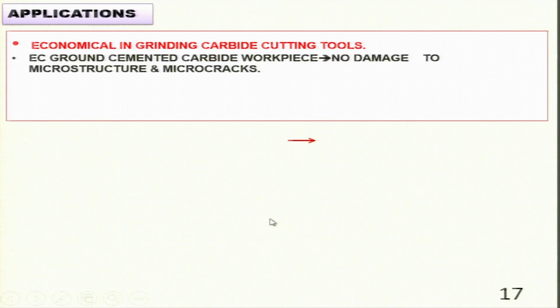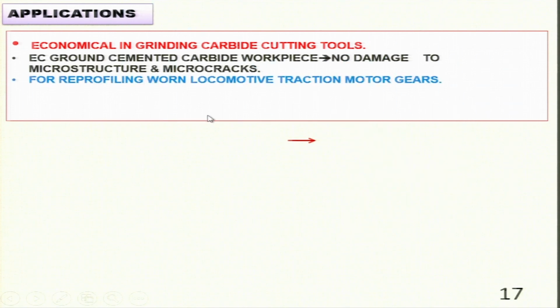Applications: economical in grinding carbide cutting tools, because carbide cutting tools are very hard, but with the help of electrochemical grinding you can do it easily. Electrochemical ground cemented carbide workpiece has no damage to microstructure and no micro cracks. For reprofiling locomotive traction motor gears, you can use electrochemical grinding.